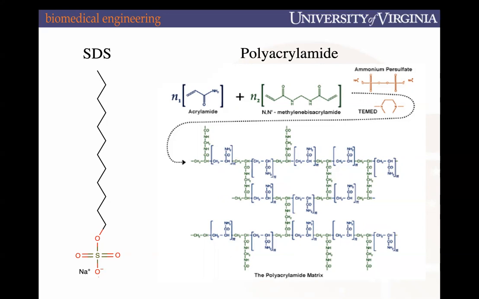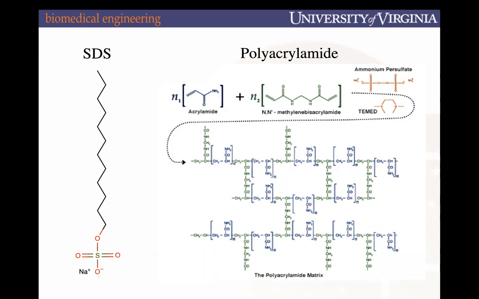Typically, if you increase the acrylamide concentration, you're making it less porous. If you have more acrylamide available, you're creating a denser polymer network that's less porous.